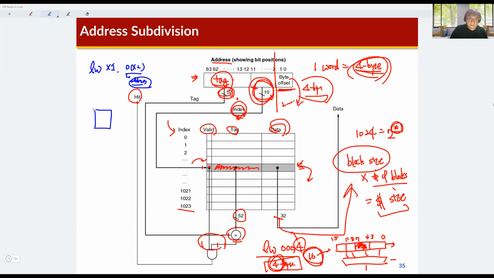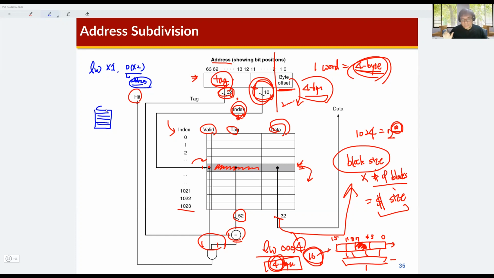So the cache size is determined by the size of a single cache block. Cache memory looks like this, okay? The data is stored in one single cache line or one single cache block.